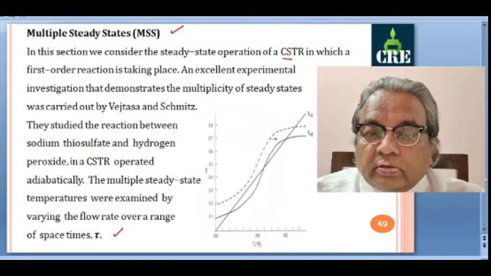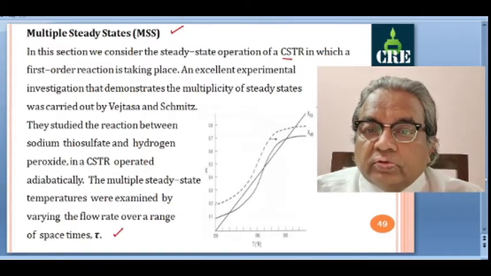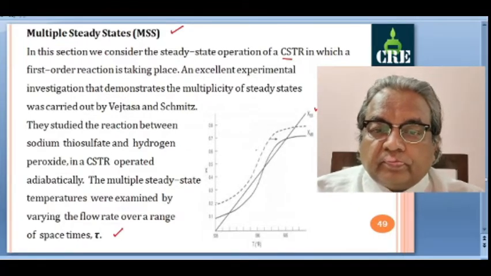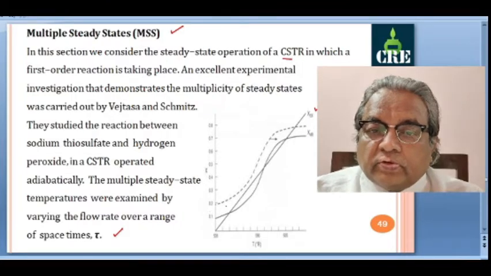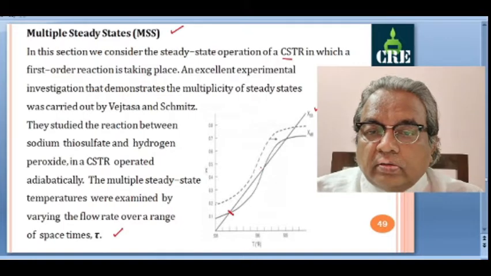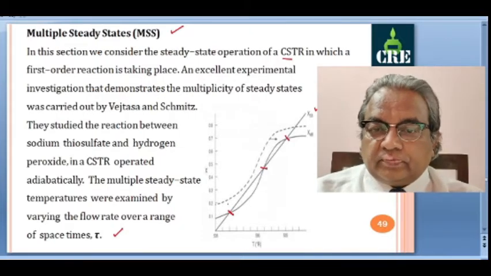So here you can see conversion and temperature. This is the energy balance curve, this is the mass balance curve. You can see here points 1, 2 and 3 of intersection.